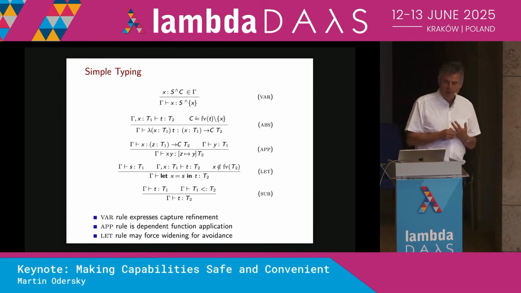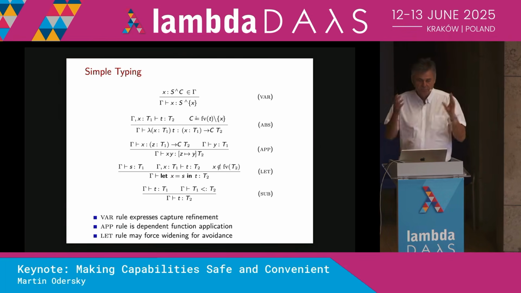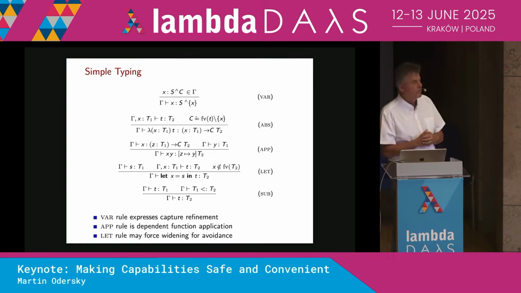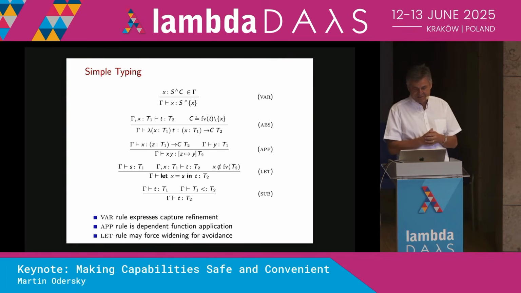And now if we look at simple typing, I know there's a lot of symbols, but most of them are really just simply typed lambda calculus with dependent functions. So the capability stuff is underlined in gray. We have this rule here that says, if X is a variable of type S capturing C, so C is the capture set, then the type of X is not S capturing C, but something more specific.